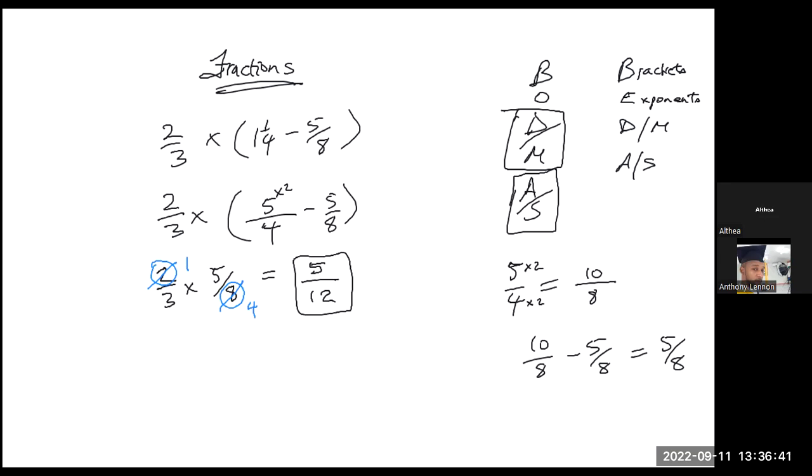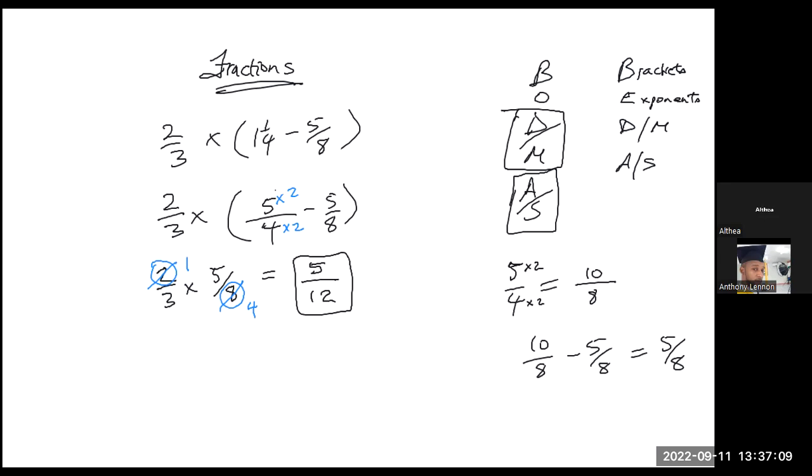I didn't get that at all. All right, just remember that if you want to write it down, we multiply this by 2, and this by 2. So 5 twos is 10, and 4 twos is 8. So we're saying 10 minus 5, and that would be 5 over 8.